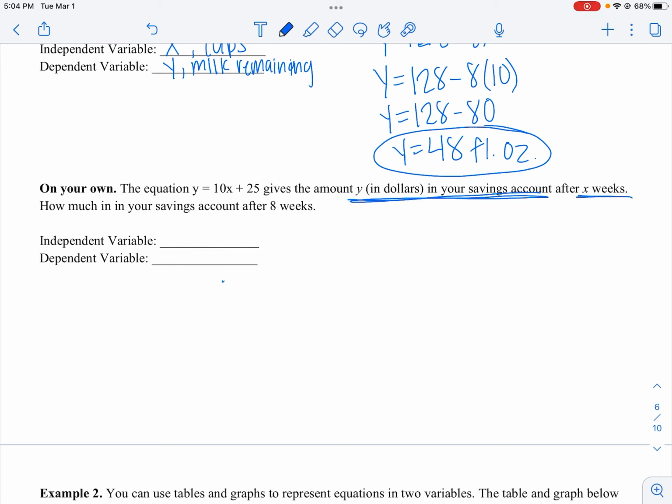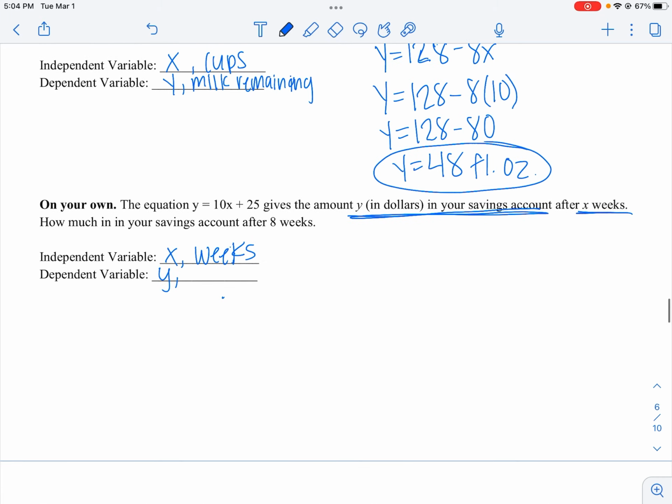We know our independent variable is x, and it stands for weeks this time. And our dependent variable is y, and that's going to be money in savings account.